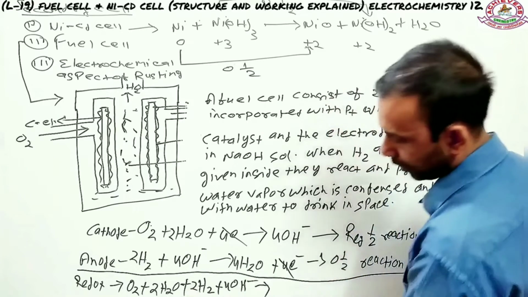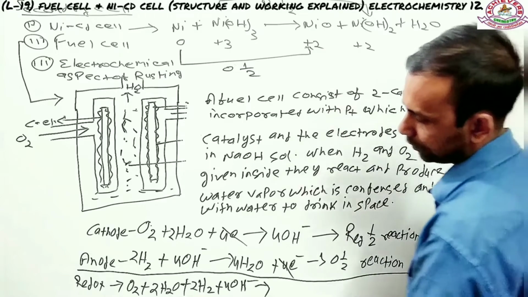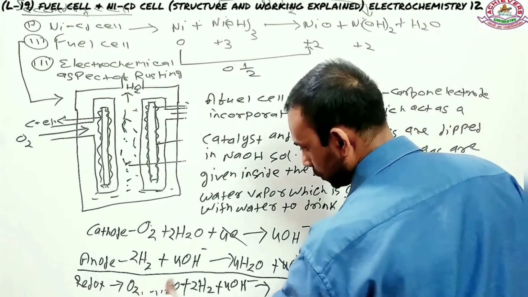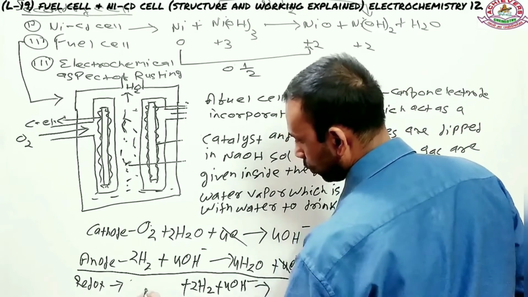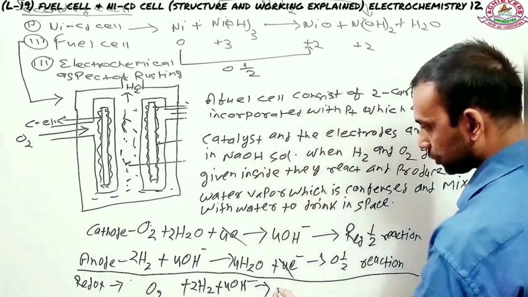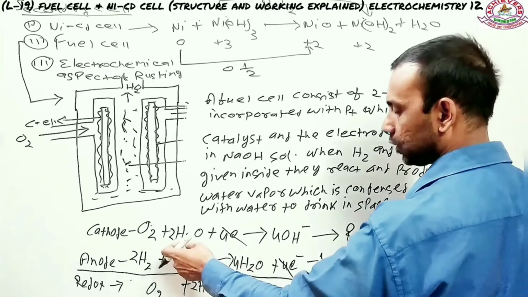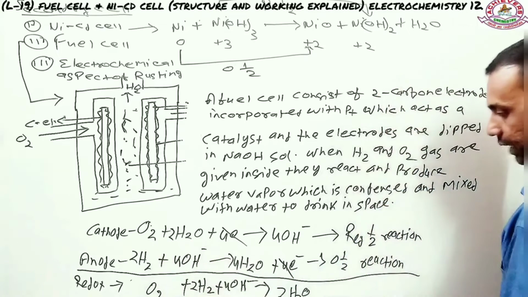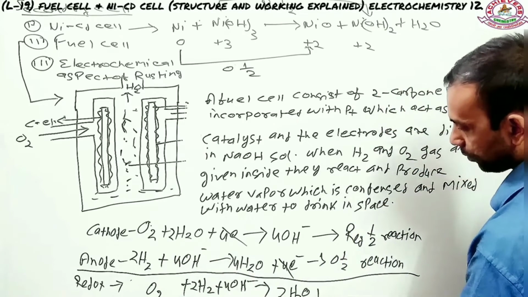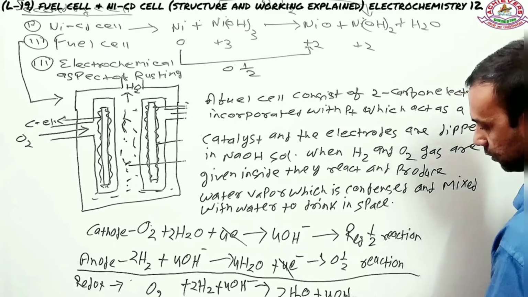So I'm just going to omit that here, so there is only O2. There is going to be 2H2O because there are 4 H2O and 2 H2O, so 2 is subtracted, and finally plus 4OH negative.